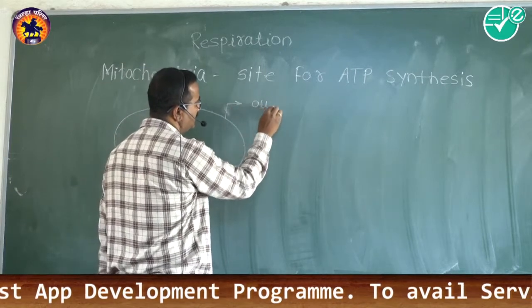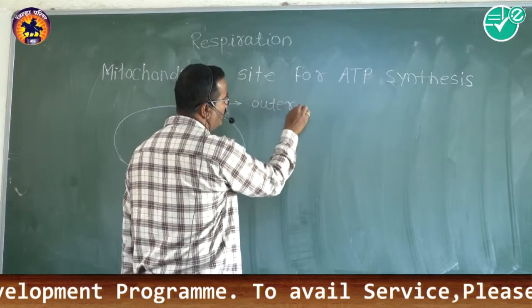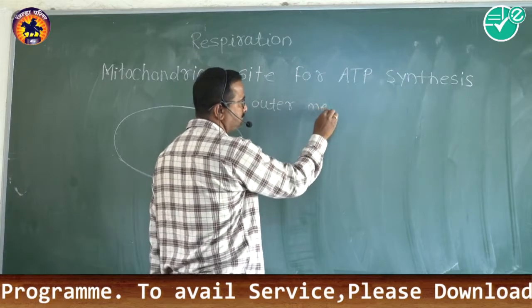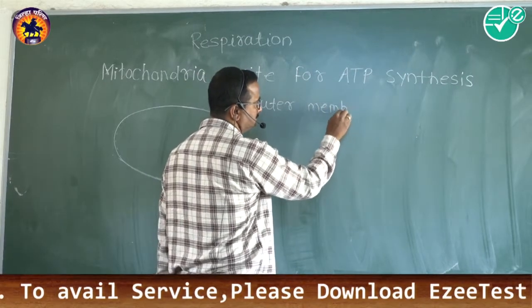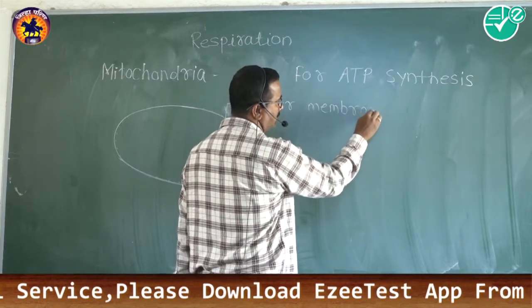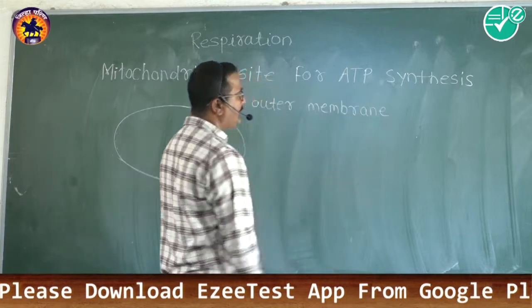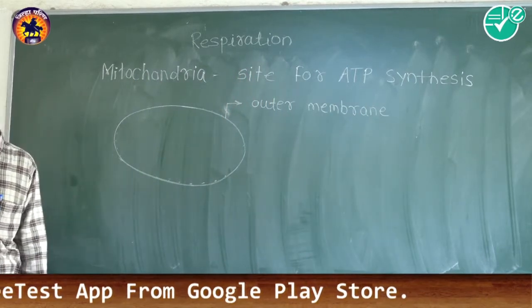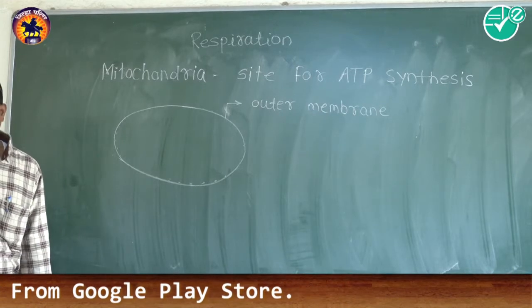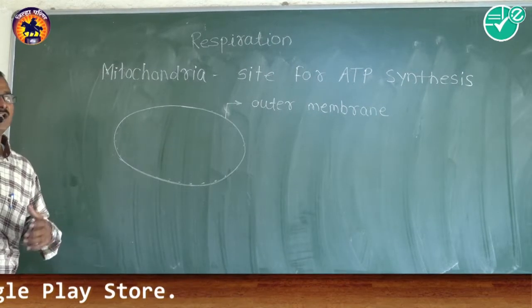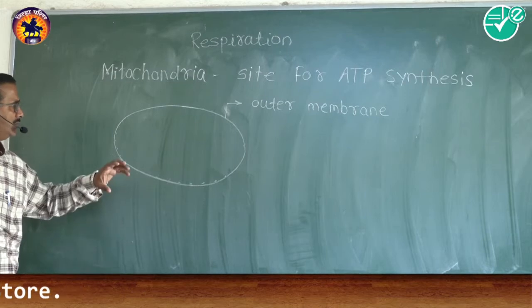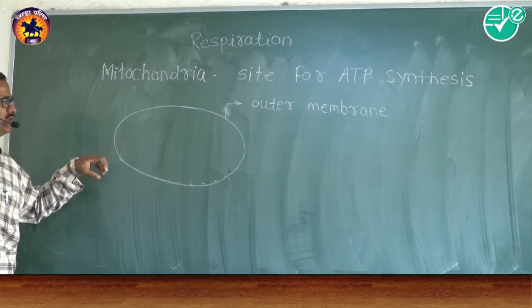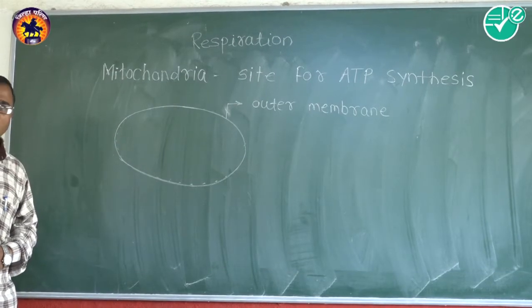This is the outer membrane. The outer membrane of the mitochondria is somewhat smooth and tightly stretched. Therefore, no folds may be observed on the outer membrane.